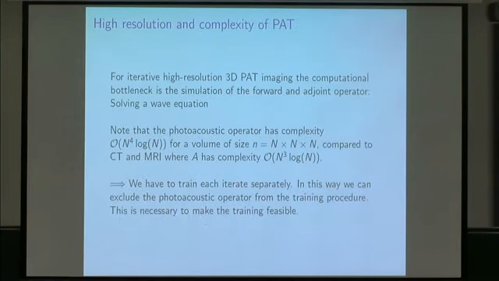That is for us not possible, because the computational bottleneck in our 3D photoacoustics is the simulation of our forward and the adjoint. Compared to CT and MRI, where the forward operator has complexity n cubed, we have one more due to our time component. And for me, simulating for our 3D volumes, my forward operator on my GPU takes about 12 seconds.